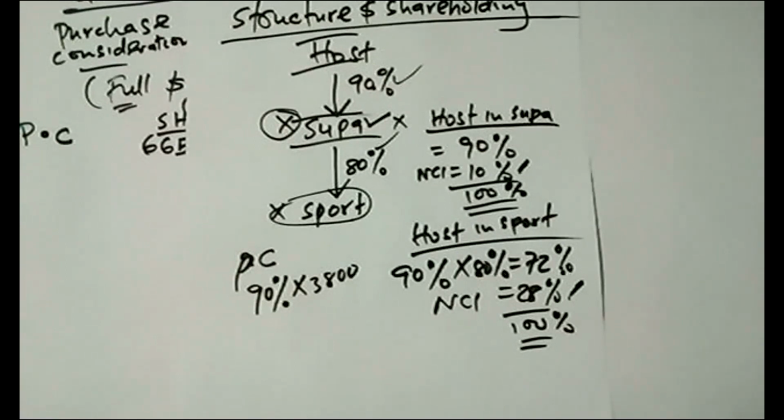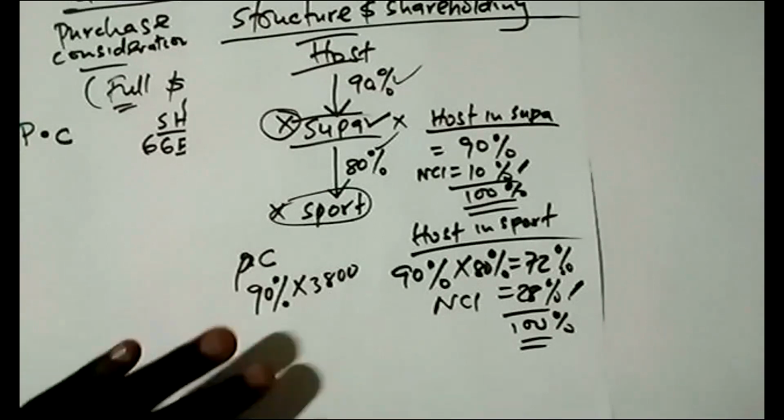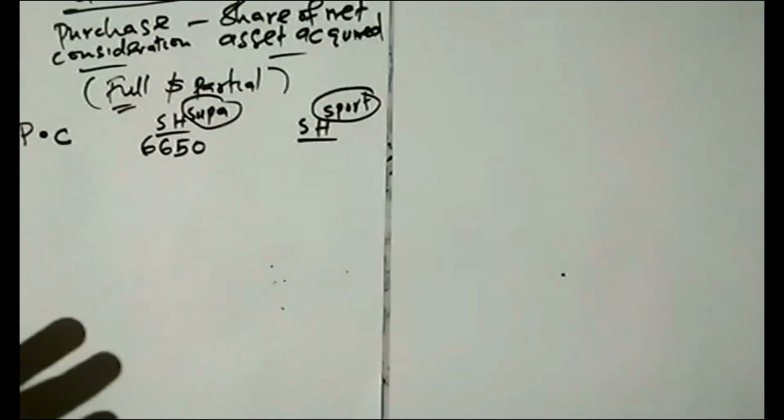But for the investment, he used Super, which he controls at 90, to invest in Sport. So 90% of that relevant amount is 3420. That is fine. So 3420 is what to record here.